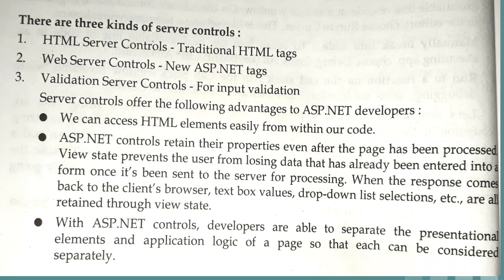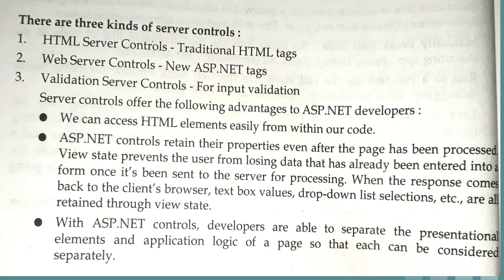Second, ASP.NET controls retain their properties even after the page has been processed. So view state prevents the user from losing the data that has already been entered into a form once it has been sent to the server for processing. View state is a part of the state management topic. We are going to learn about view state later, but because of view state, the state of the control, that is whether it is checked or unchecked, that information is saved so that the same information can be used for further execution.